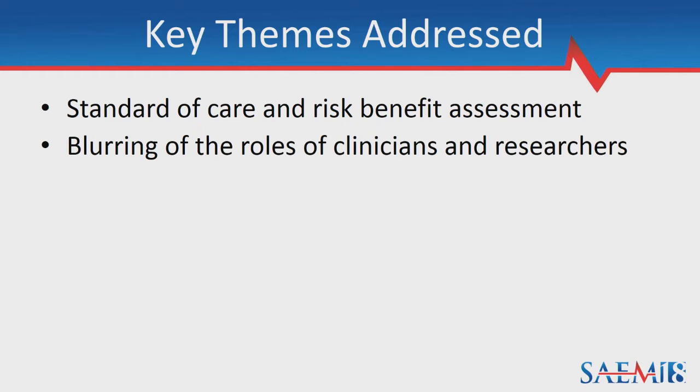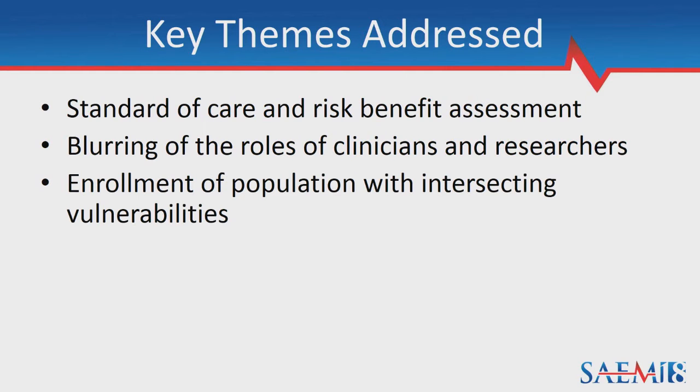Another thing that the group talked about is when clinicians become researchers, and there's a blurring of roles of clinician and researcher, that opens up a lot of ethical questions, especially in the emergency department where patients are so dependent on clinicians and the power gradient is so in favor of clinicians.